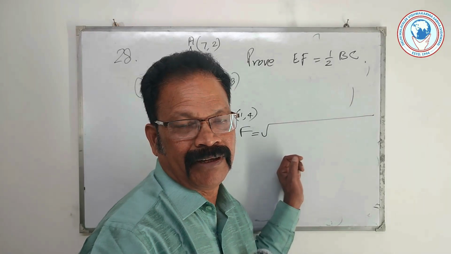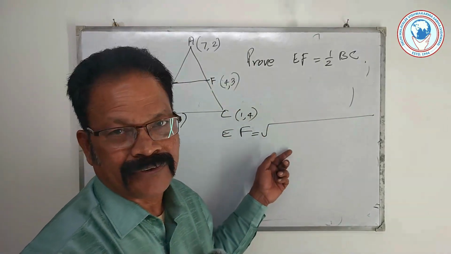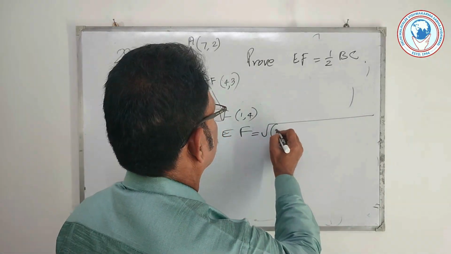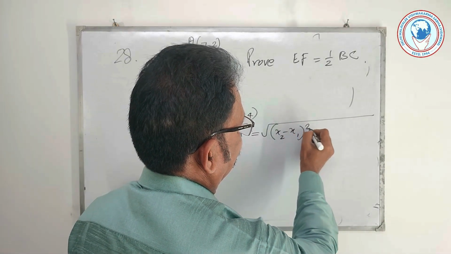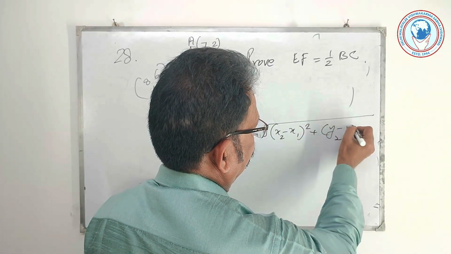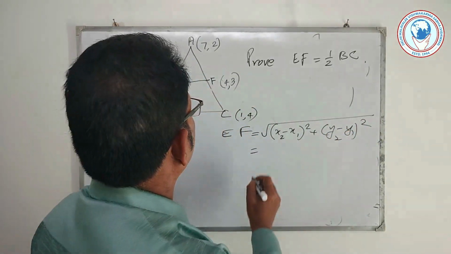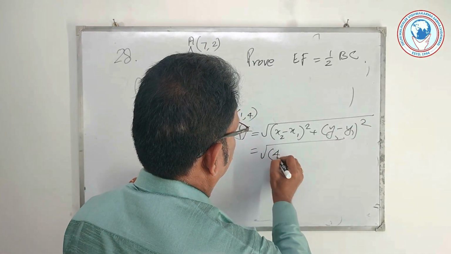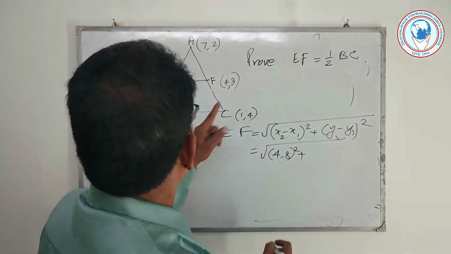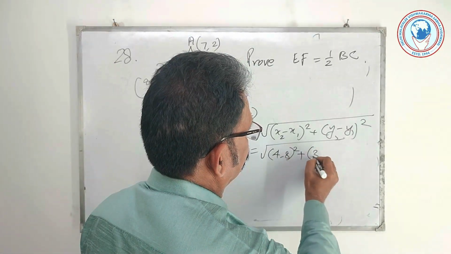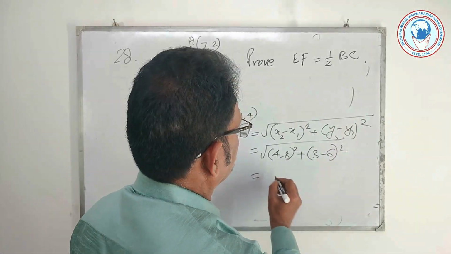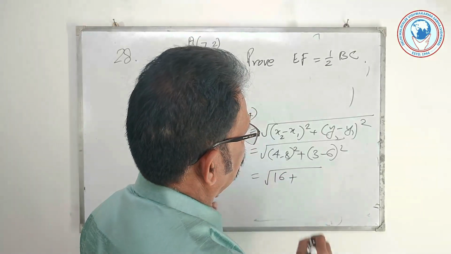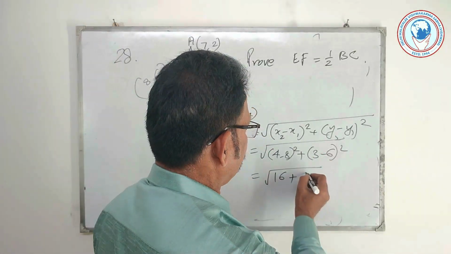Again, using distance formula, length EF is equal to root of x2 minus x1 the whole square plus y2 minus y1 the whole square. EF: 4 minus 8 the whole square plus 3 minus 6 the whole square. 4 minus 8 is minus 4, its square is 16. 3 minus 6 is minus 3, square is 9.